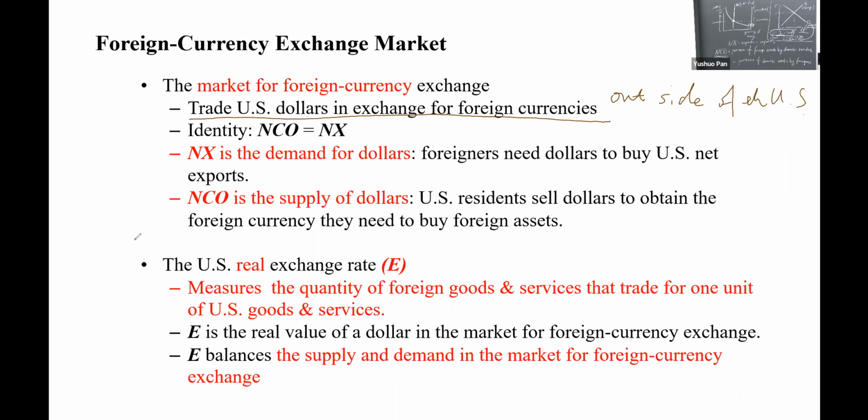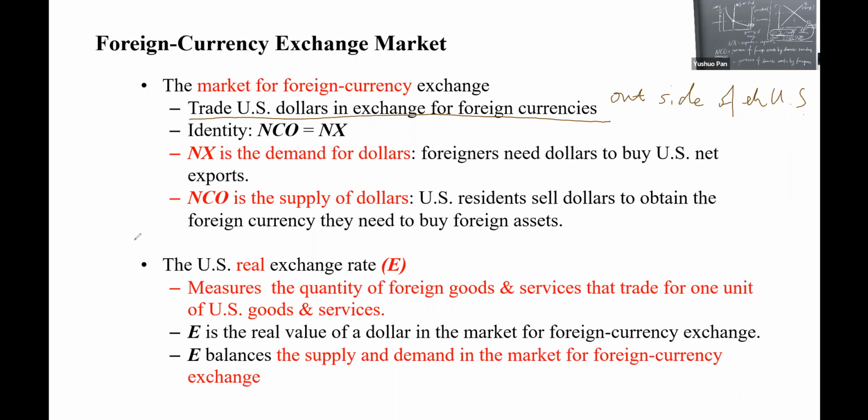Remember the difference between net exports and NCO, net capital outflow. Net exports is the goods and services. That's the goods market. We talk about I want to buy some stuff, I want to sell some stuff, I want to import some stuff. That's the trade market. That's net exports. We talk about goods.